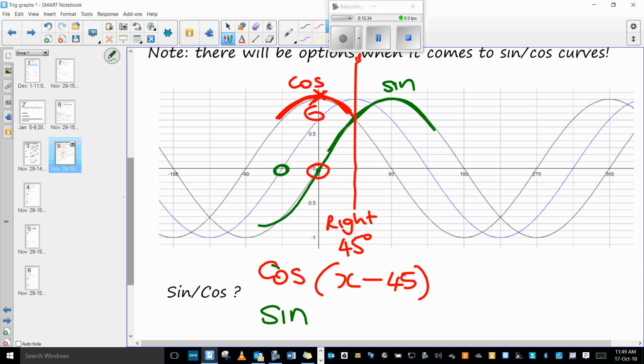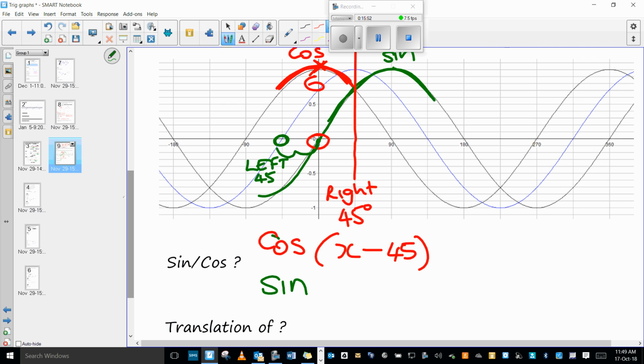Yes? Is that a good one? If you want to still look at the top of it, you can. Either way, I hope that you'll see that it's gone now left 45 degrees. Yes? So my equation for this one would be x plus 45.